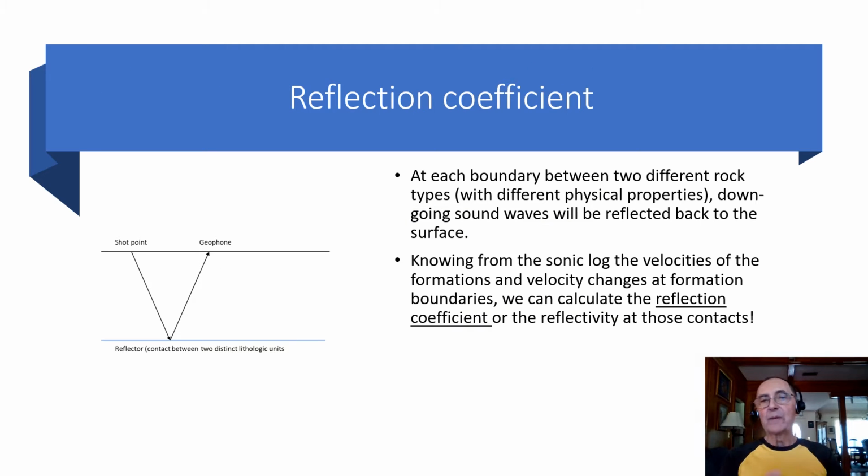At each boundary between two different rock types, with of course different physical properties, the downgoing sound waves will be reflected back to the surface. Knowing from the sonic log the velocities of the formations and the velocity changes at formation boundaries, we can calculate the reflection coefficient or the reflectivity at those contacts.